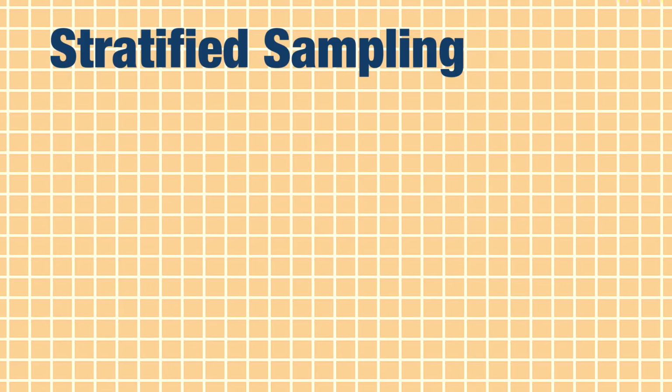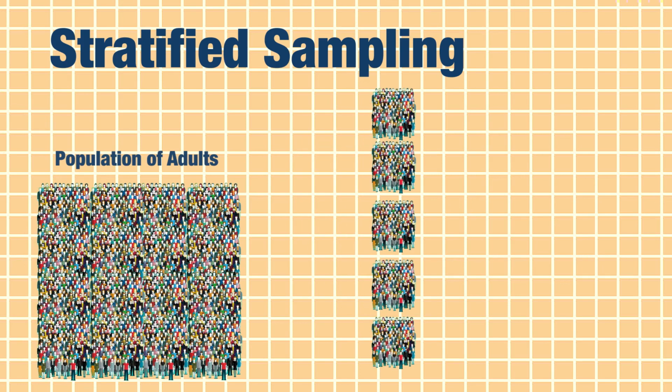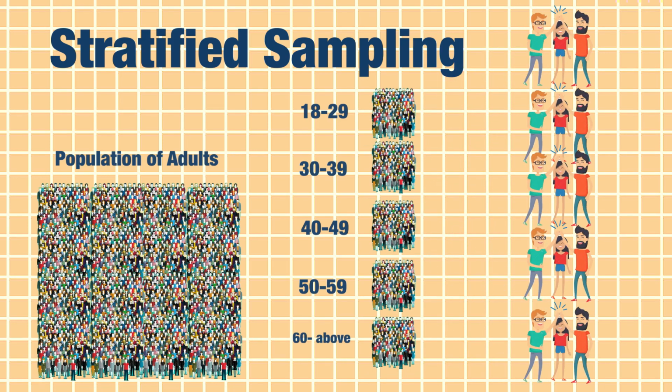For example, a researcher divided the sample of adults into subgroups or strata by age, from 18 to 29, 30 to 39, 40 to 49, 50 to 59, and 60 and above. To stratify the sample, the researcher will then select 3 individuals from each age range.